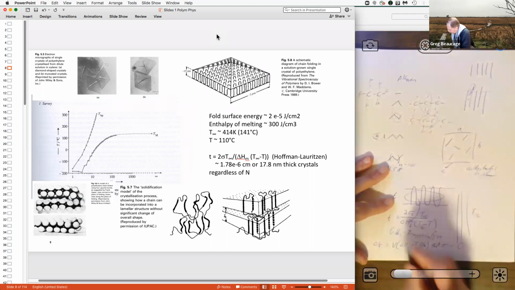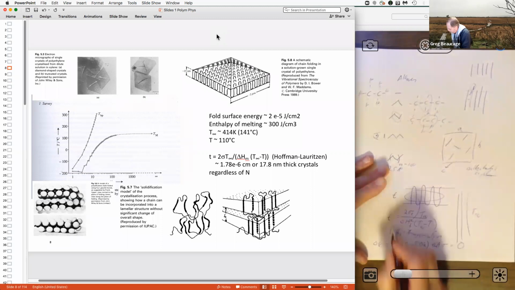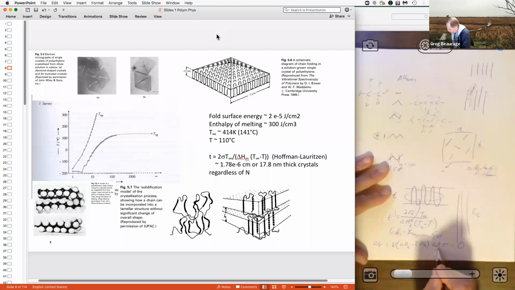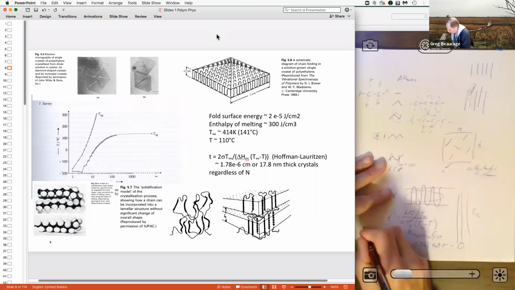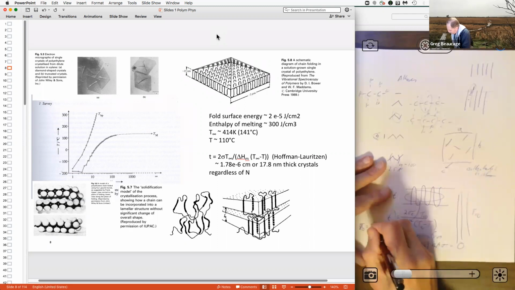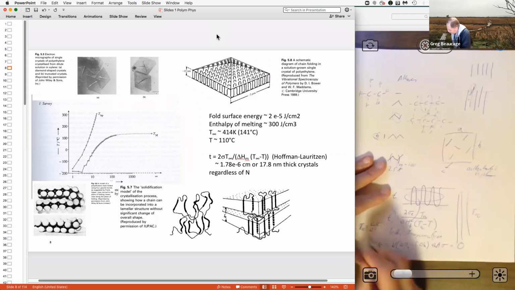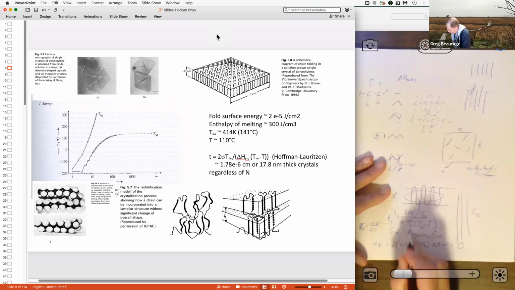The area divided by the volume, or the volume divided by the area, gives you the thickness. For an infinite crystal, T infinity is delta H over delta S. So you can substitute in T infinity and just have delta H here, and you can get this equation pretty quickly. It's a pretty simple equation to describe this.